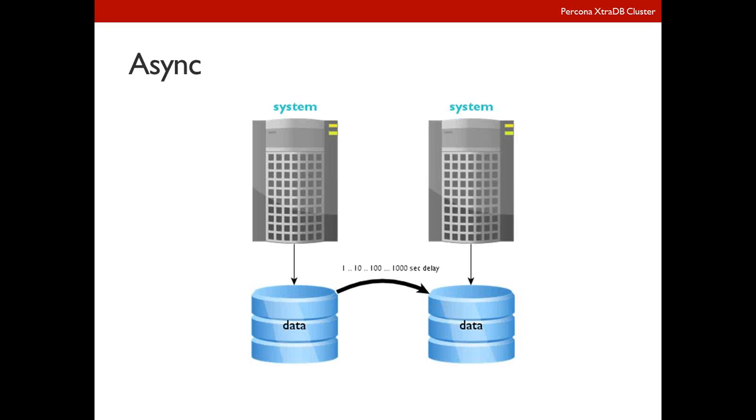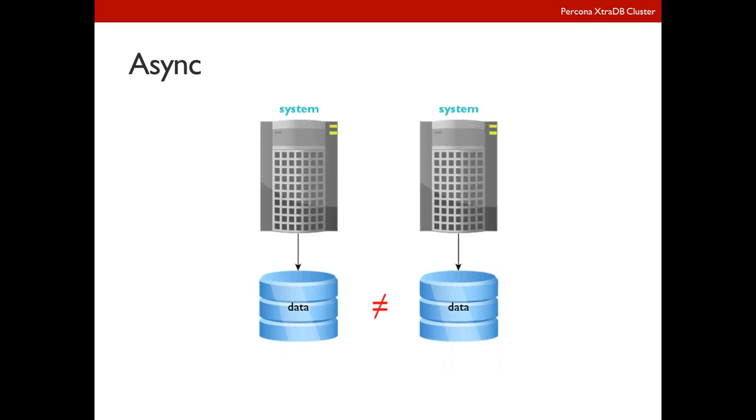By its nature, it assumes that there is a delay between a slave and a master. And the delay can be microseconds or maybe hours. In simple terms, asynchronous does not guarantee that your data is the same at a given point in time.